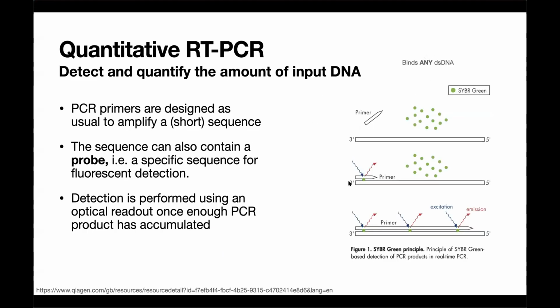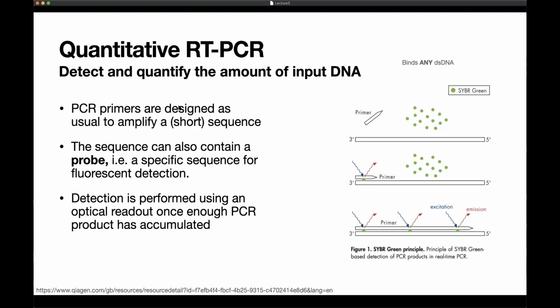So the interesting thing about quantitative PCR is that flavors of it have another part of DNA that is important, a so-called probe. Quantitative PCR is based on light detection. And again, you want to detect and quantify the amount of input DNA.